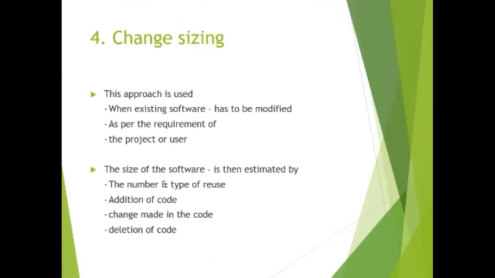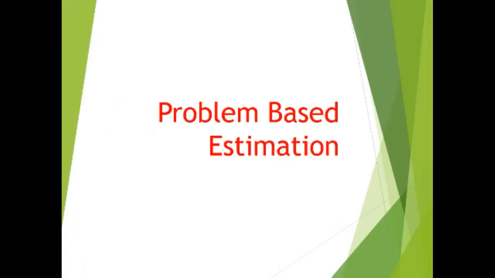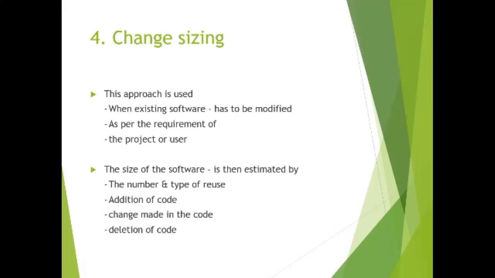For change sizing, the approach is used when existing software has to be modified as per the requirements of the project or user. The size of the software is then estimated by the number and type of reuse, addition of code, changes made in the code, and deletion of code.